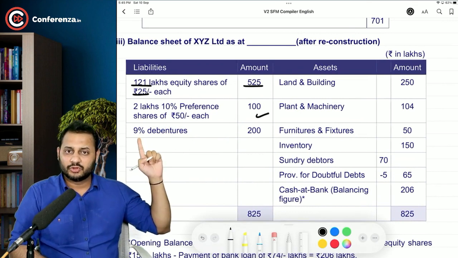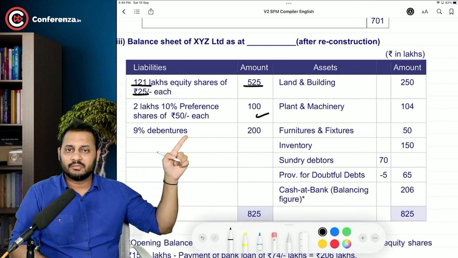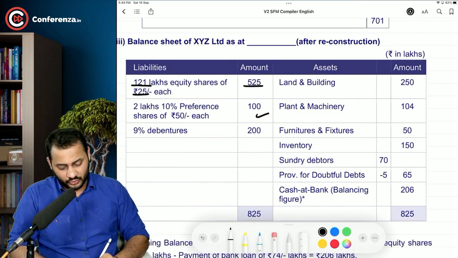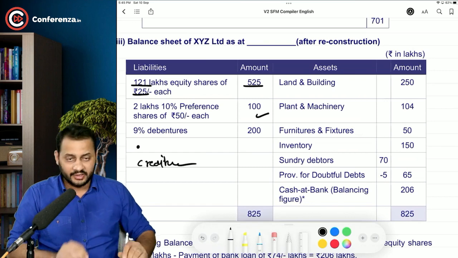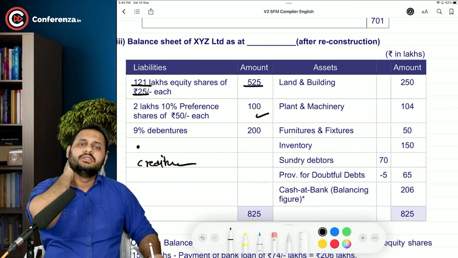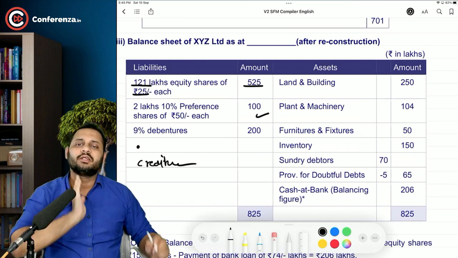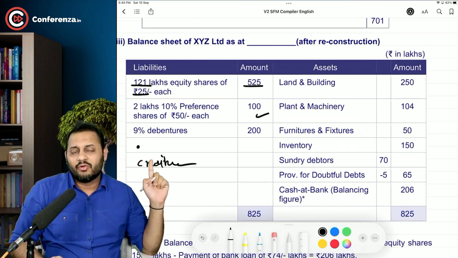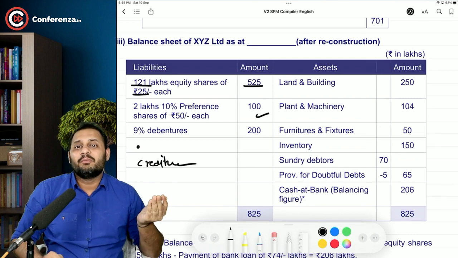The debentures have also been reduced in the interest and the amount is 200, same. There is no trade creditors here. You can see there is no creditors in this case. Okay, sir. Then we will see the bank loan is also not there. What happened to the bank loan? We paid off the bank loan.